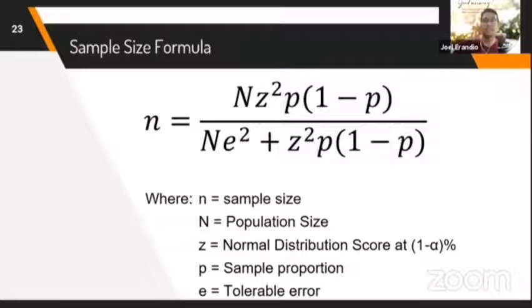So this is SRS. So Slovin's formula is applicable only, of course, when measuring the population proportion, when the confidence interval or the relative error, what we call the tolerable error, is considered. So the confidence interval is around 95%. So meaning the error is just around 5%.